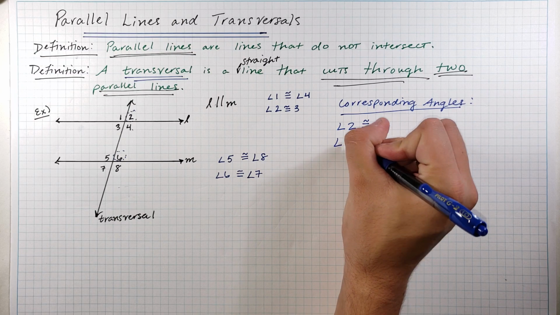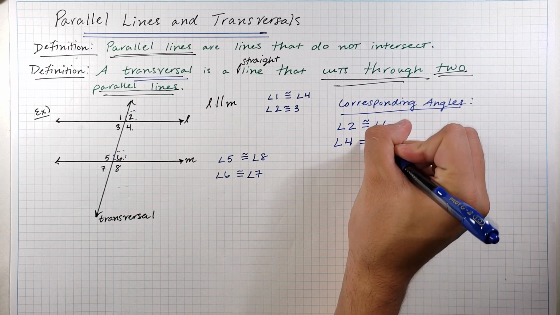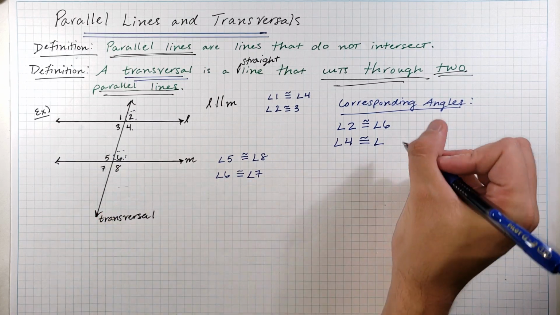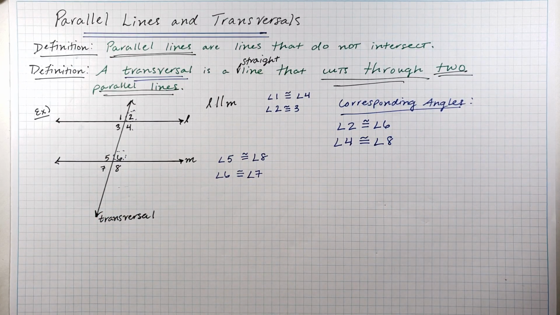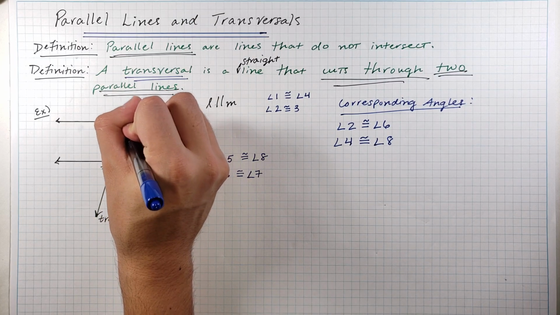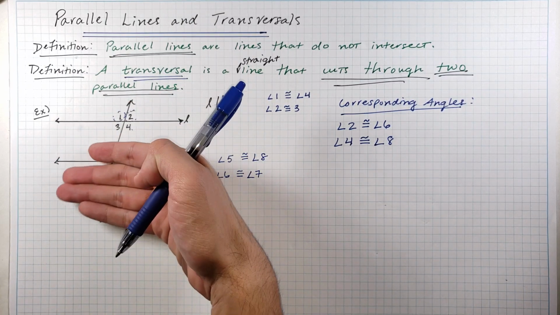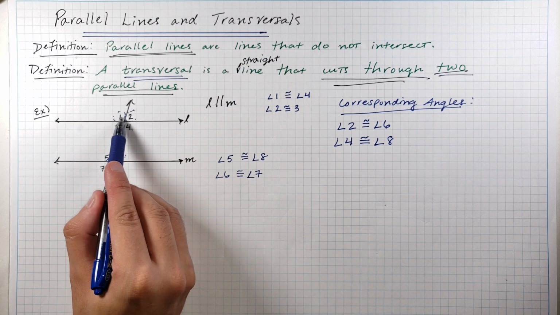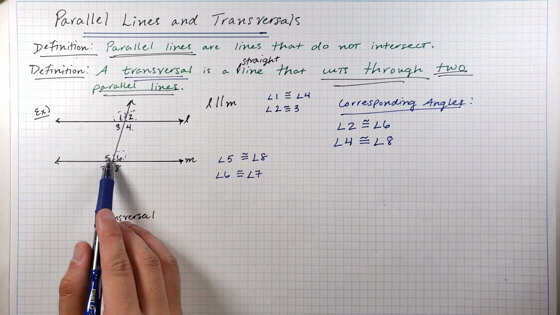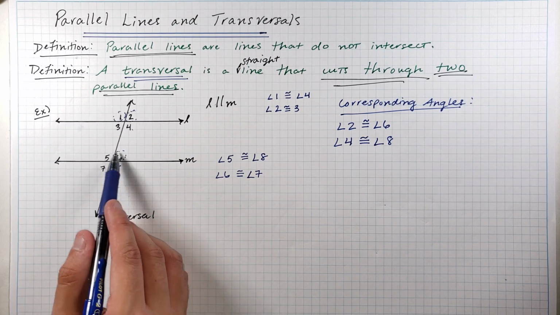So we can say angle 4 is congruent to angle 8. And similarly, we can do the same thing with the 1. If we look at the number 1, it's in the top left of this one. The corresponding angle to 1 is angle 5 because it's in the top left of this one.